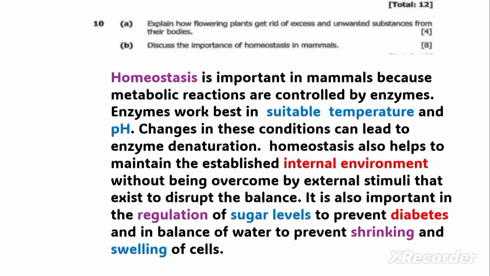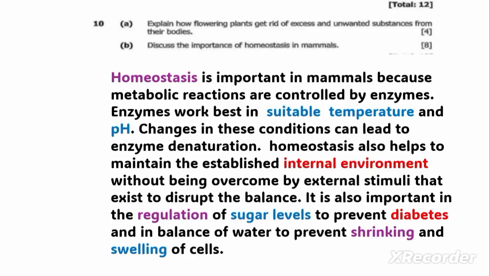Homeostasis also helps to maintain an established internal environment without being overcome by external stimuli that exist to disrupt the balance. So homeostasis helps to attain the balance between the external environment and the internal environment. So homeostasis helps to respond to external stimuli.